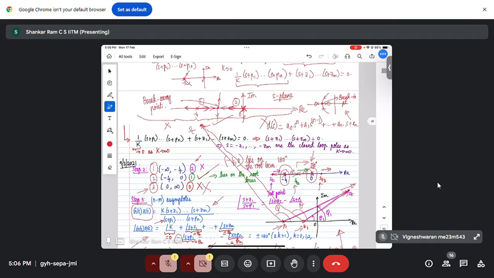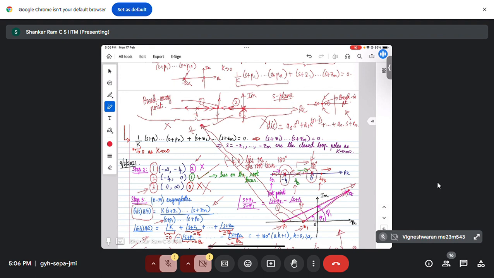Now, what is a common feature about breakaway and break-in points? Please note that these are points where two branches of the root locus intersect each other. That means at that value of k, there is going to be a repeated pole as far as the closed loop poles are concerned, right?